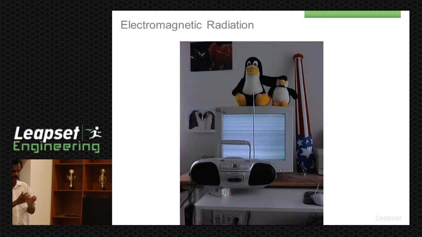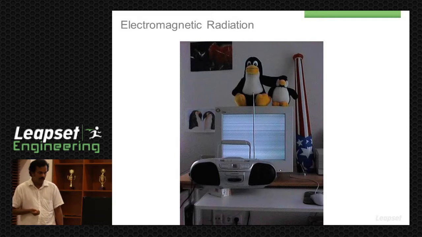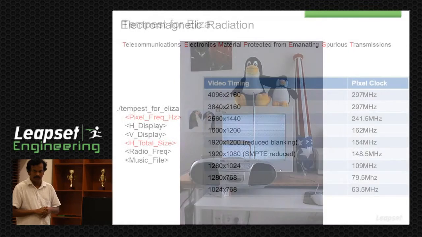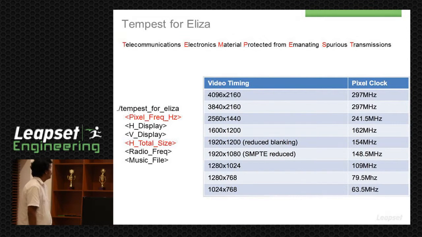When a monitor operates, it emits some kind of electromagnetic radiation. Can we use that radiation to transmit any useful data? Right? Any kind of useful information. So this program was created in order to demonstrate that. It's called Tempest for Eliza. Tempest is actually a security standard, right?